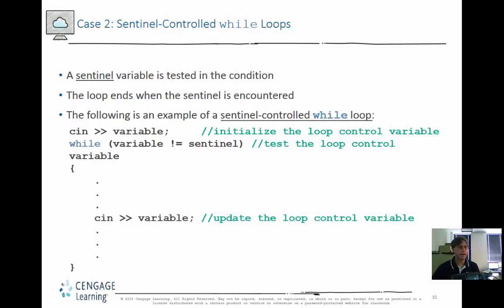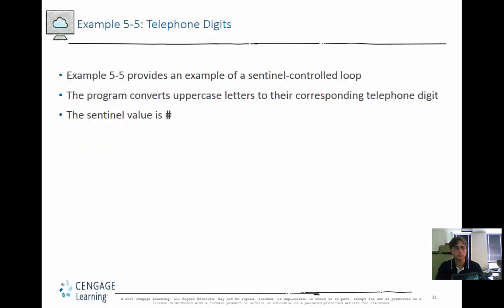And then your update at the end would be just like your initialization, but you're going to get the next value. Okay? And usually you want to have some kind of output statement that goes along with that so that your user knows what the sentinel value is and how to get out of the loop. Again, we'll look at an example and it'll make more sense. But that's a sentinel-controlled loop.